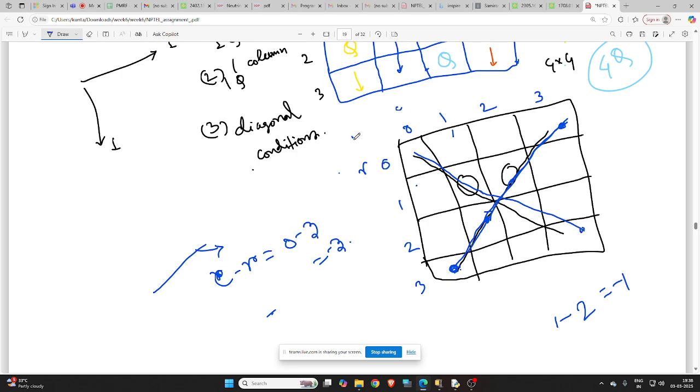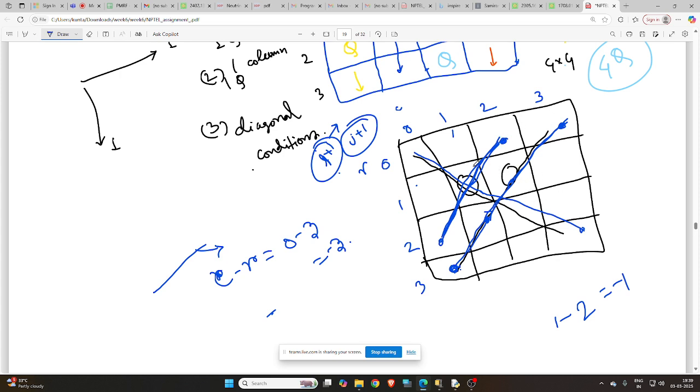There was one something like j plus 1 or I plus 1, something was there. So just making sure that these two diagonals we will talk about, or let's say I just want to talk about this diagonal. For this diagonal you can see here 0 minus 2, 1 minus 1, 2 minus 0. One specific relation should be there for this case.